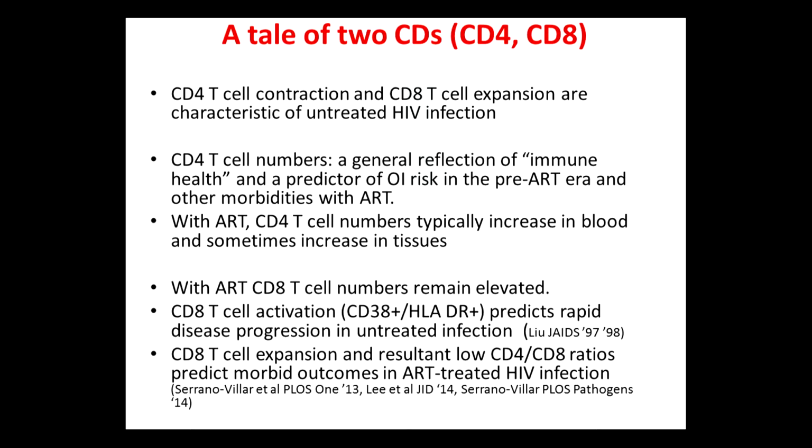In the pre-ART era, before antiviral therapy, activation of CD8 T cells was a very reliable predictor of a morbid outcome, perhaps more reliable than some of the other indices we used. And in the antiviral therapy era, after the initiation of antiretrovirals, CD8 T cell expansion persists, as I told you, and a low ratio of CD4s to CD8s predicts morbid outcomes, non-AIDS defining outcomes in antiviral therapy-treated HIV infection.